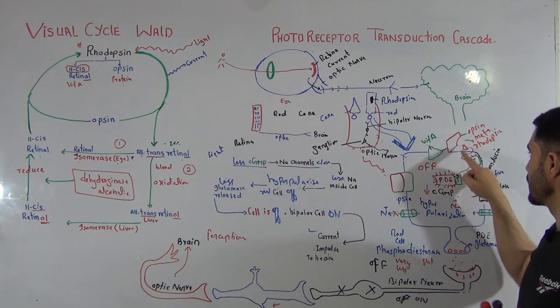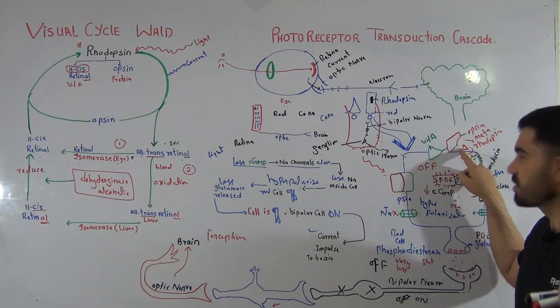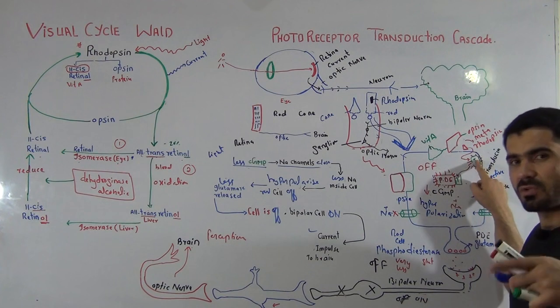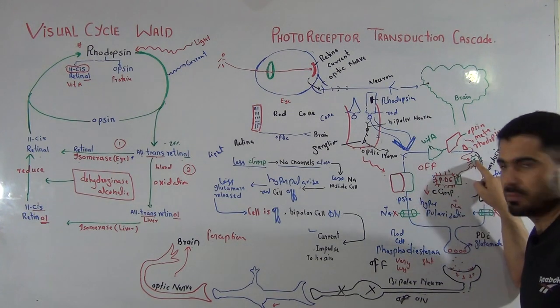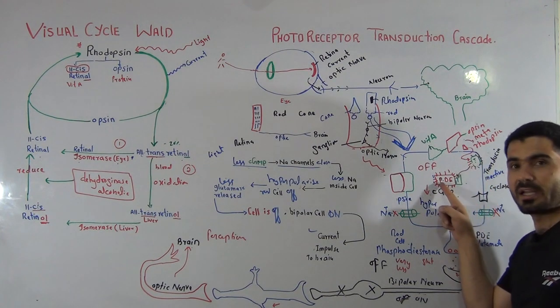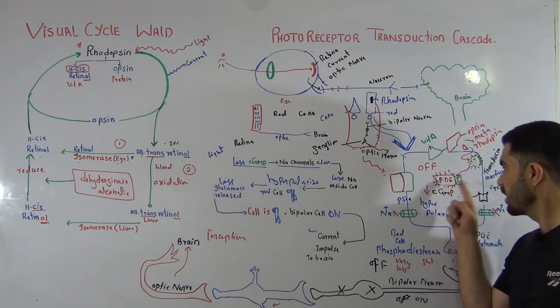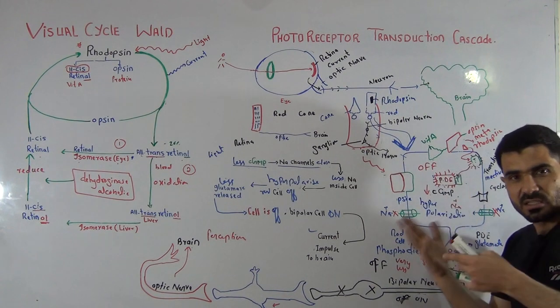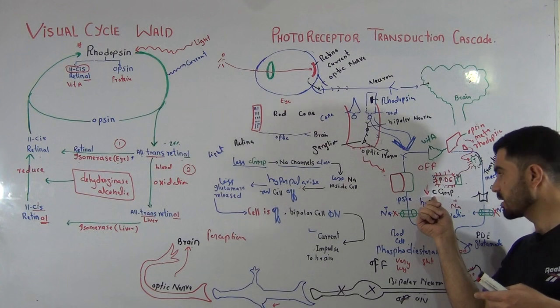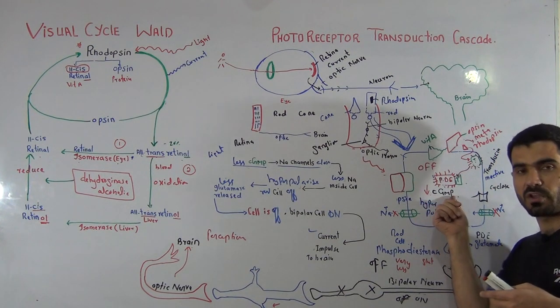Because of these changes, a small molecule is released from the metarhodopsin and comes to the transducin. Transducin was inactive, and it becomes active now. Once transducin is activated, it goes to another enzyme, phosphodiesterase, attaches to it and activates it. Once this enzyme is activated, it causes a decrease in cyclic guanosine monophosphate.